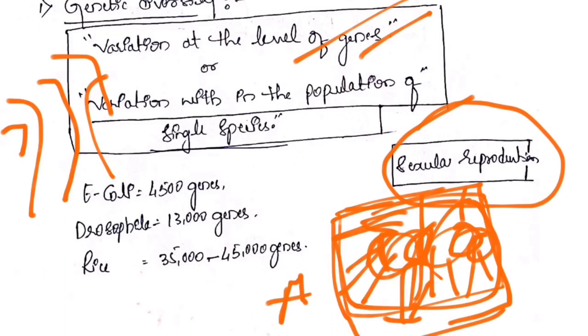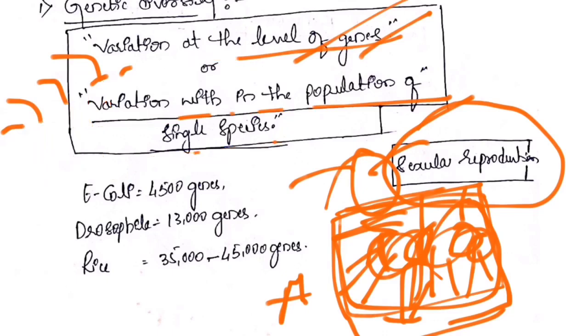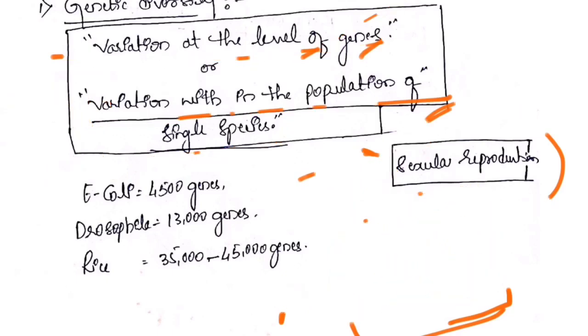When two haploid cells, male and female, combine together, they form a new zygote, which has much more variety. Genetic diversity is more. So variation at the level of genes or variety within the population of single species is known as genetic diversity.